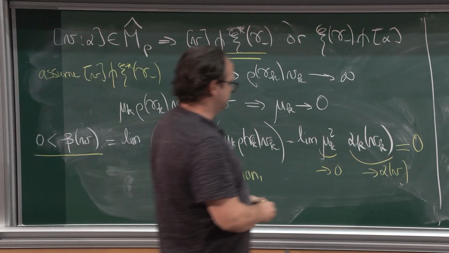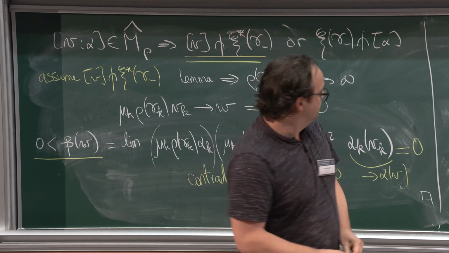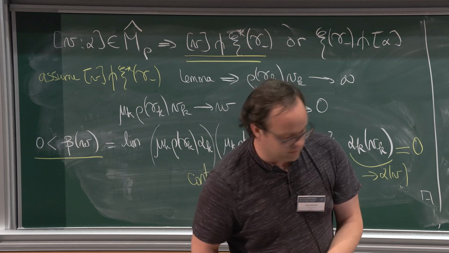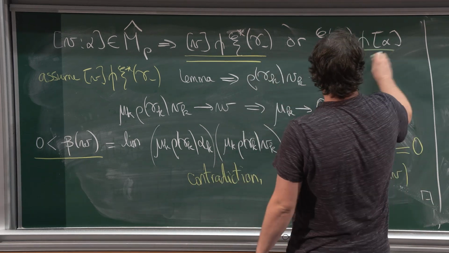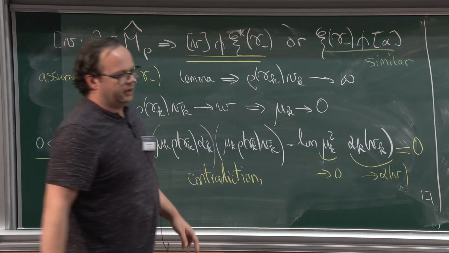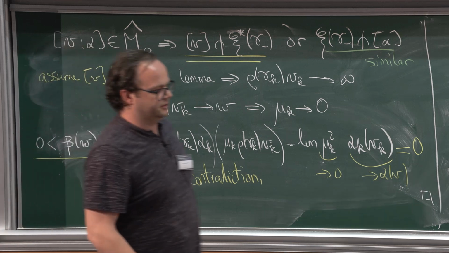And yeah, so we'll stop the proof here. And I should say also that the other case here is similar. Or you can just say that you apply this first case to the dual representation or something like this.